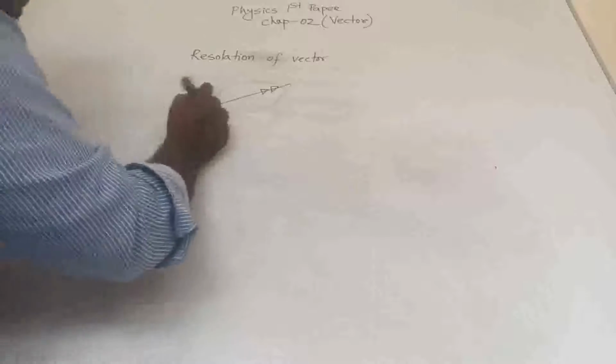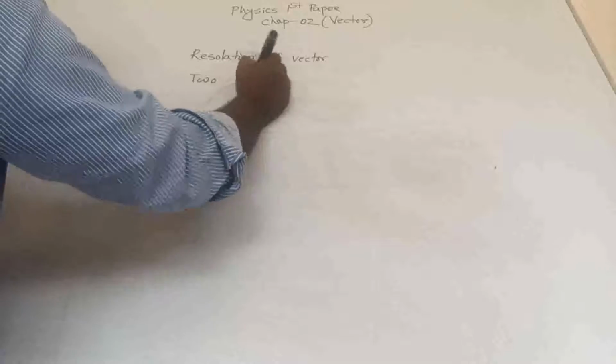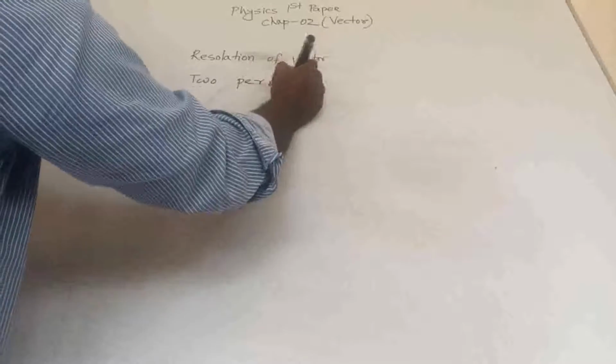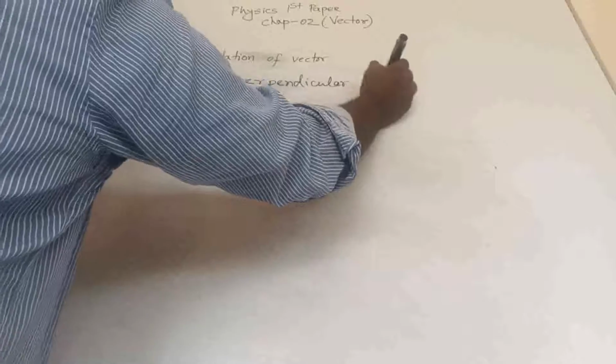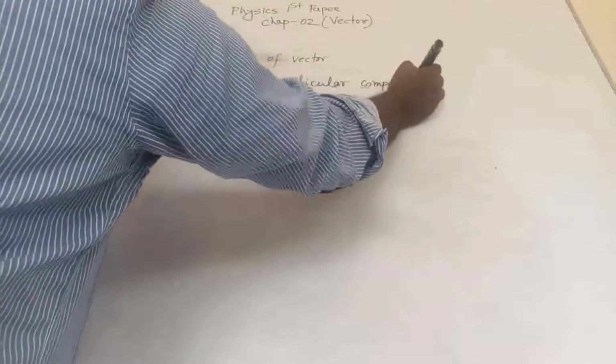Actually, this vector can be divided into any number of components. But the most important is that we will divide the vector into two perpendicular components.